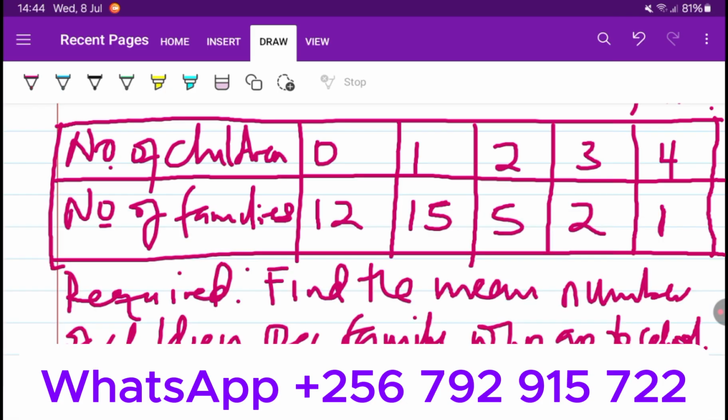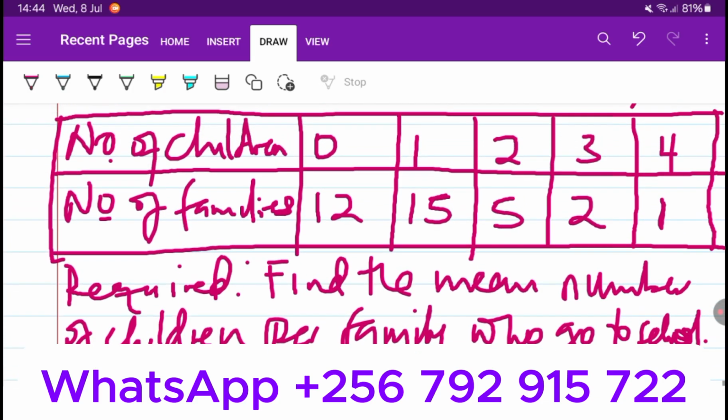But of course, if you keep on looking at this data set, you'll understand that most of the families, almost 15 families, have at least one person going to school. You look at this one, the ones who don't have, vis-a-vis those who have.